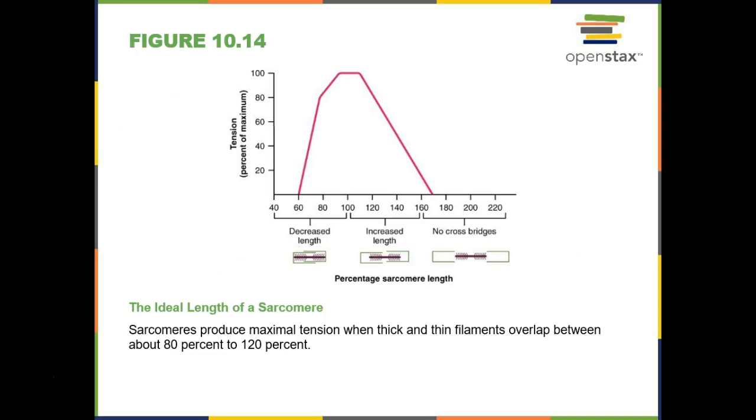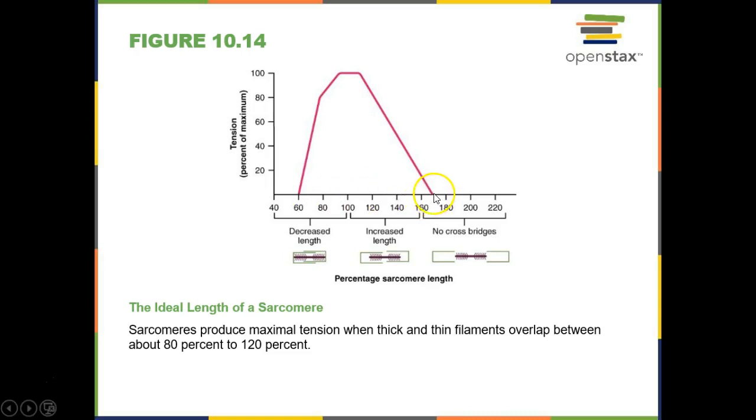So what is the ideal size of a sarcomere, or when a muscle contraction occurs, when is it going to be the strongest? If the sarcomere is contracted too much, it's not going to be a very strong muscle contraction because you can't work very well with a very, very short sarcomere.